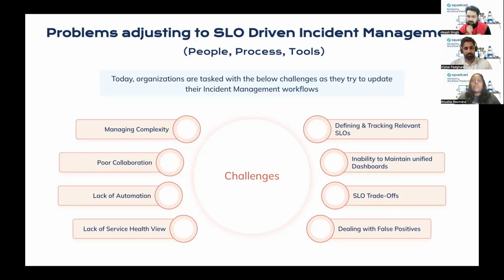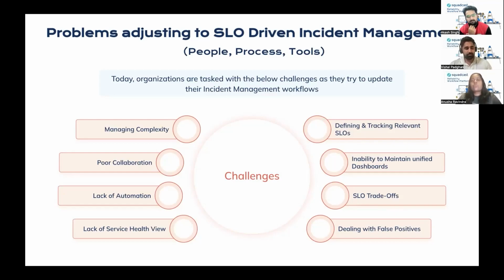Another common issue with teams who have incident management processes in place and are also tracking SLOs is the ability to decide the SLO trade off. Now, what is SLO trade off? It simply means that what output velocity can a particular team have without having downtime beyond a certain threshold, right?